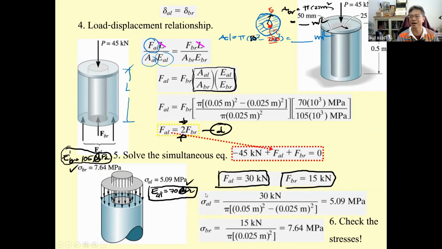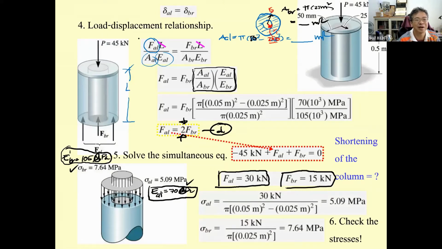And remember how to set up the compatibility equation. Now we have at least 2 types of it. The first one separates into 2 types, and this is going to be the third one. And then how much is the column going to be shortened? Can you compute it? You just plug everything into your equation.